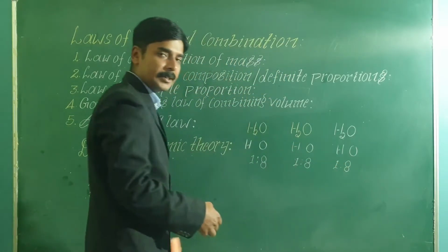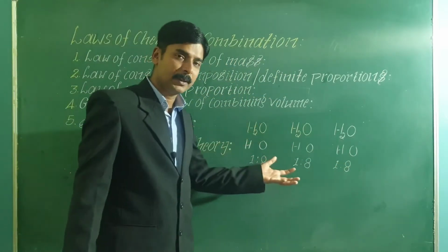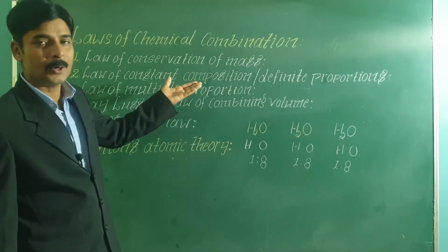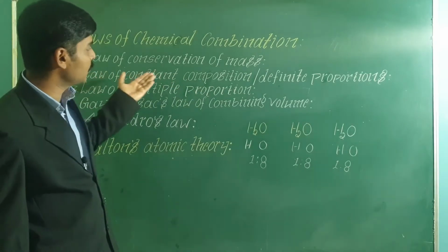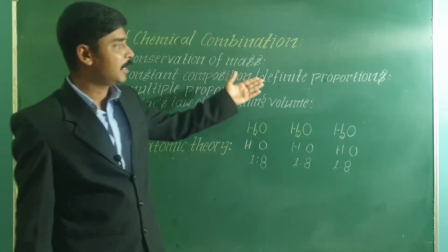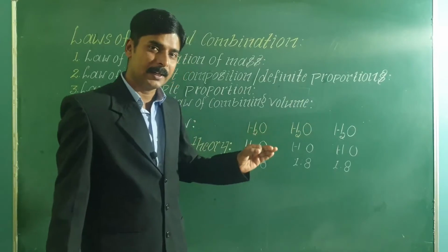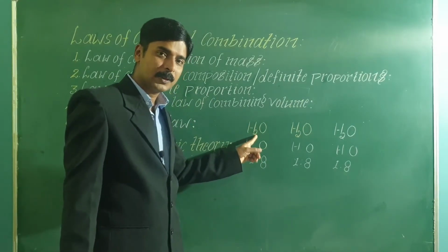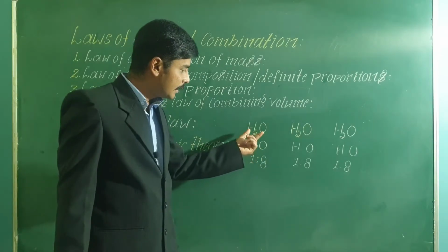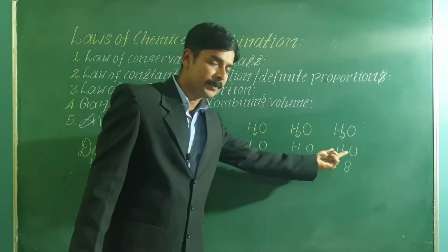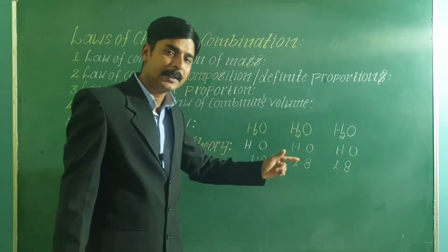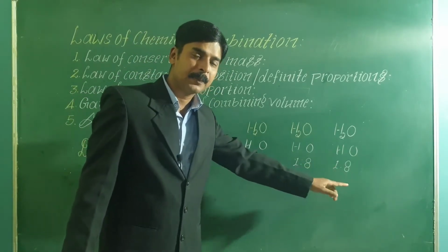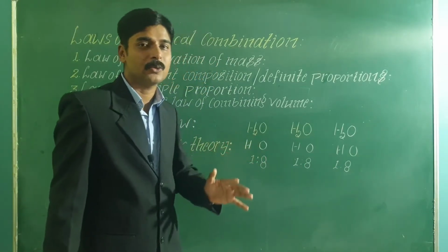Now let us put all of this in the form of a sentence. That will become the law of constant composition. The law of constant composition or law of definite proportion states that pure chemical compounds contain the same elements combined in a definite ratio by mass irrespective of the source.